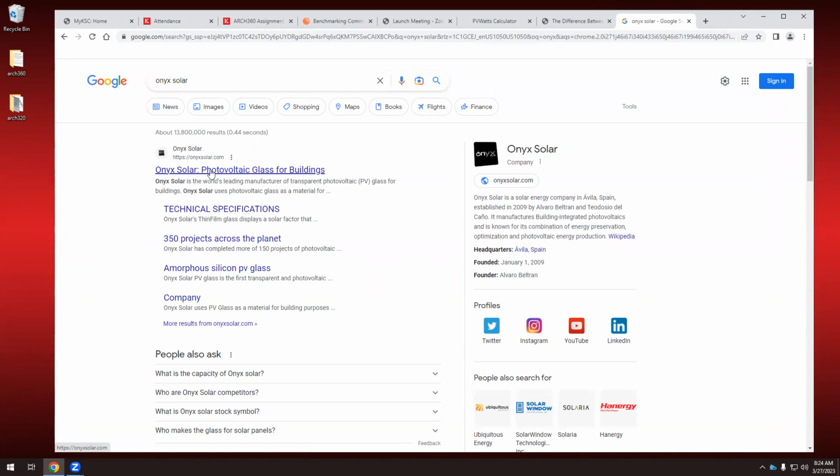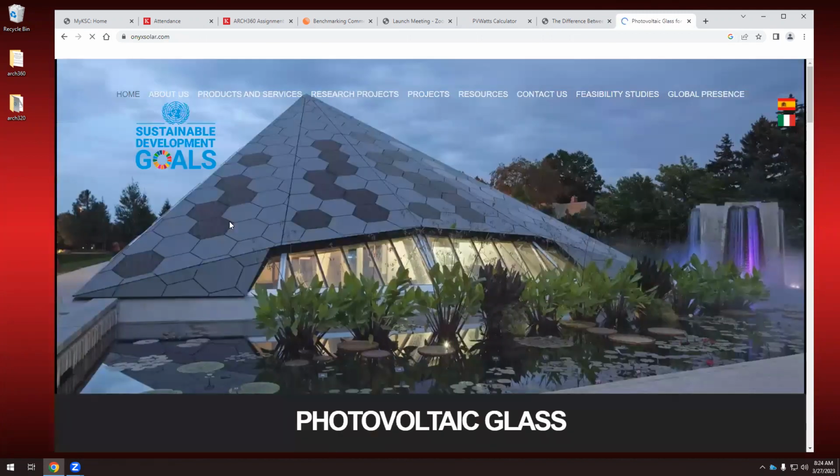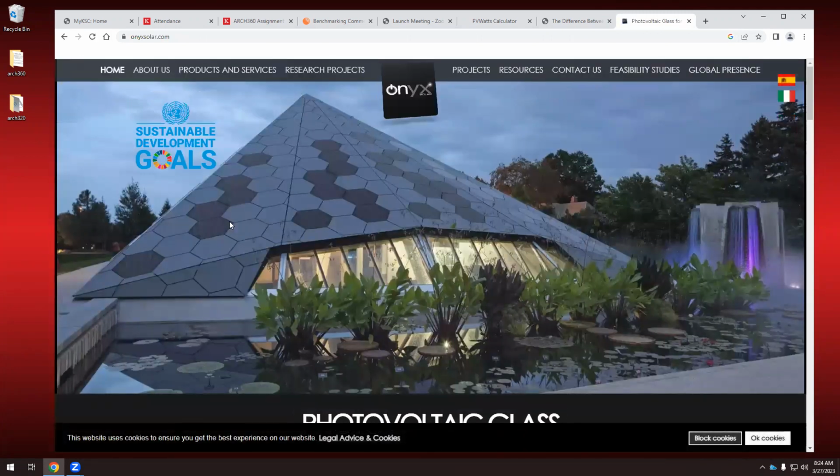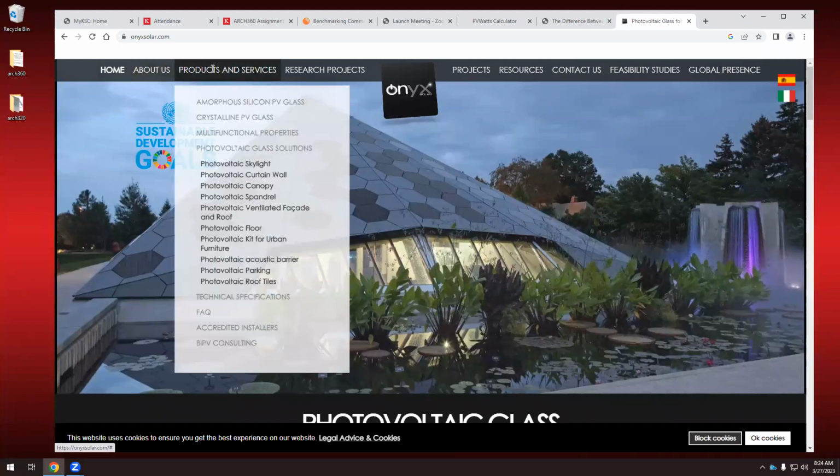If you look at this company, they are very good at integrating modern, contemporary architecture and PV panels. They have developed these hexagonal PV modules, and here they have products and services. We have the crystalline, or we have the amorphous. The amorphous and thin film are the same.